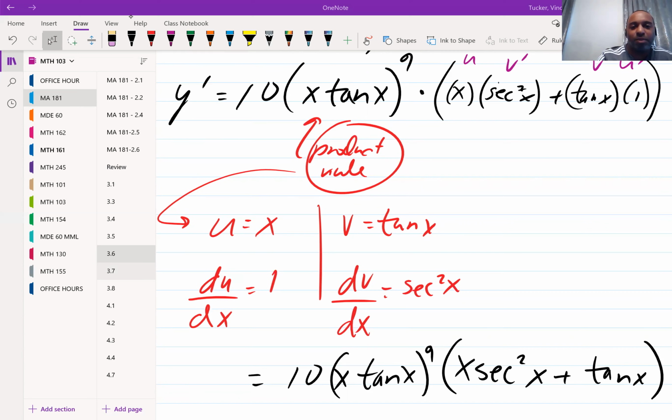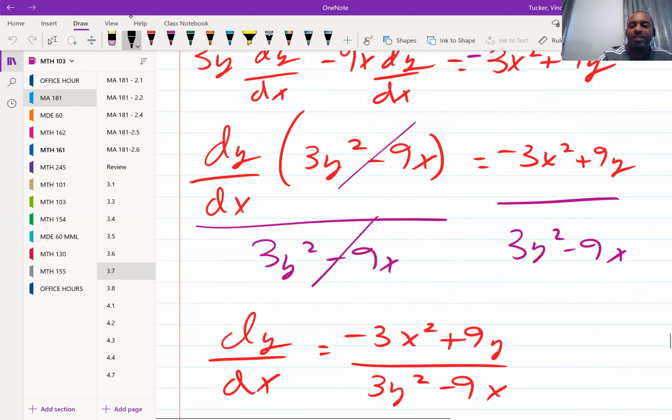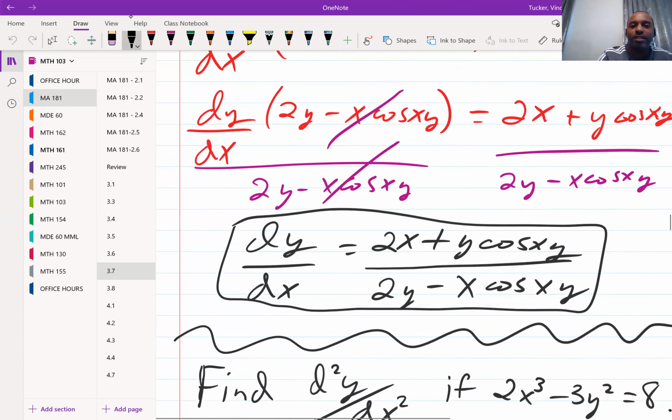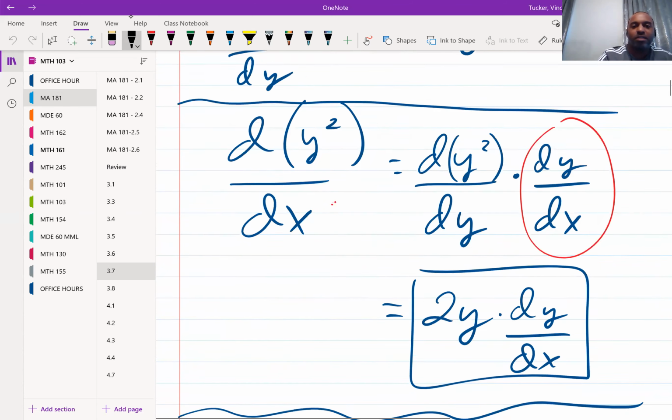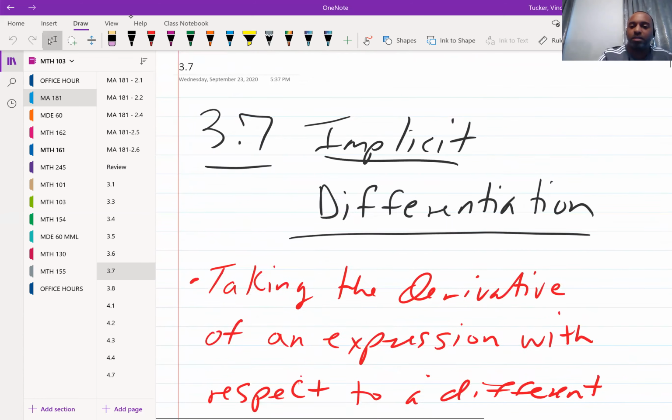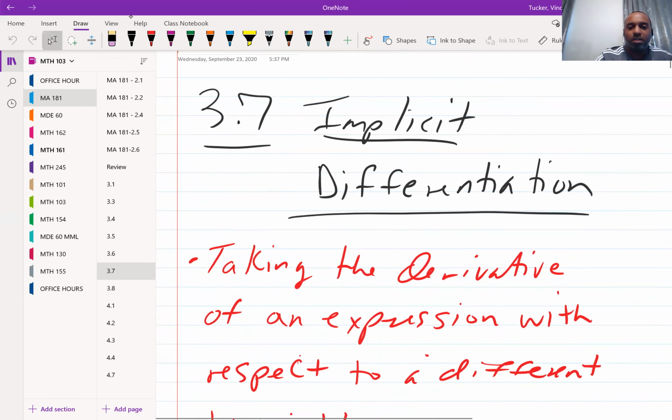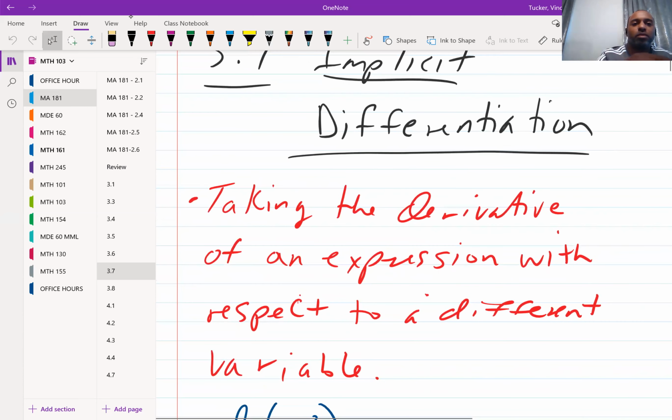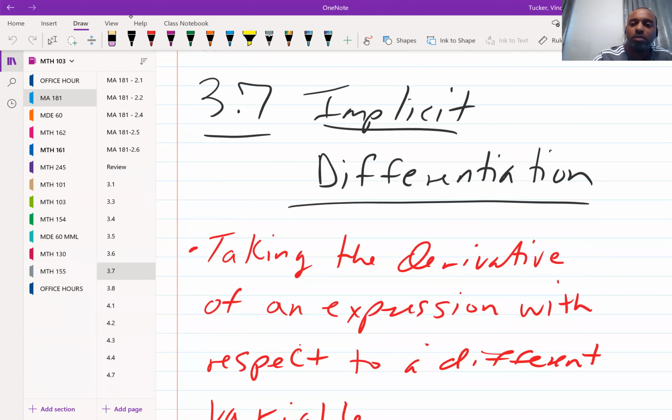Let's see 3.7, see what's going on here. I think this is implicit differentiation. Yes. All right, so let's look at implicit differentiation.